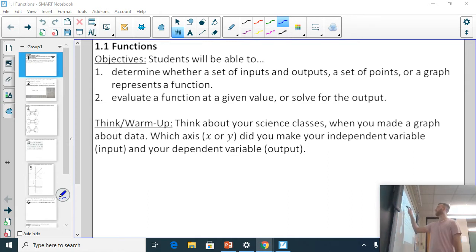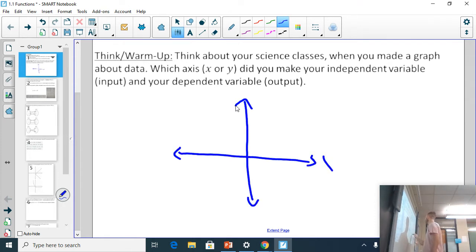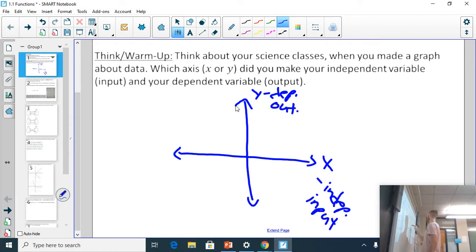Typically, if you graph something on your X and Y axis, your independent variable would be on X, and your dependent variable would be your Y. That's also known as input and output. So X is usually your input and Y is usually your output.